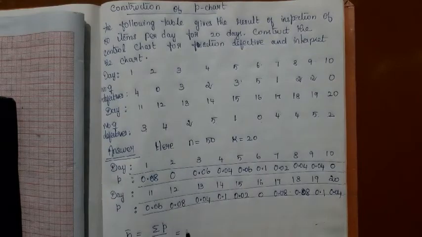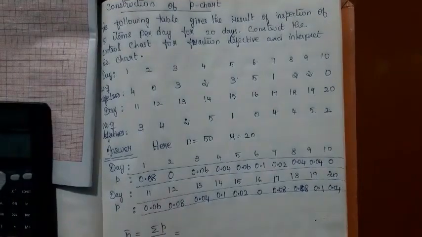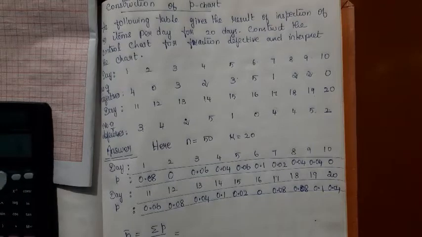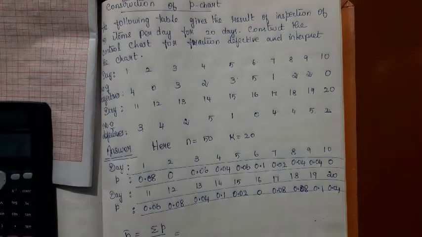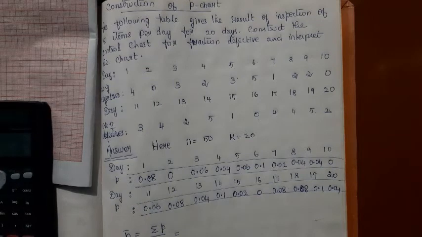Now, P bar is summation P by K. Right? Summation P, let me add all P values. 0.08 plus 0.06 plus 0.04 plus 0.06 plus 0.1 plus 0.02 plus 0.04 and so on.